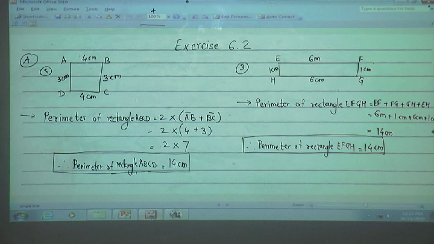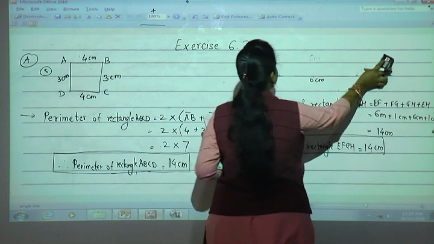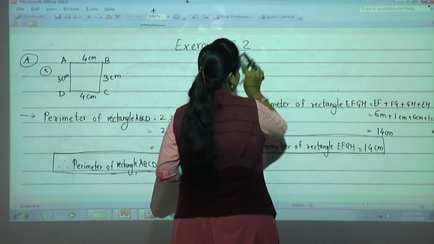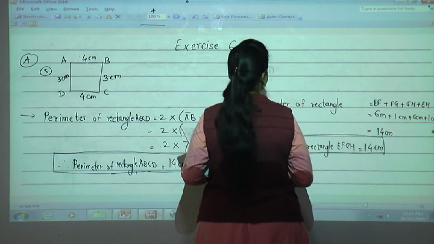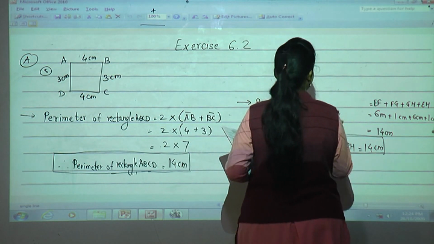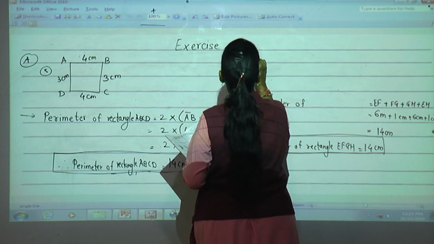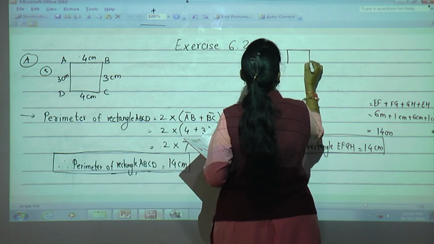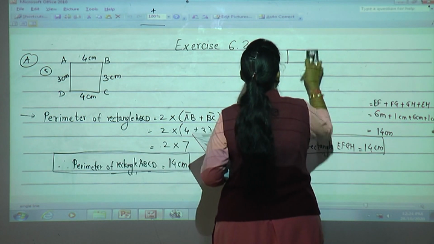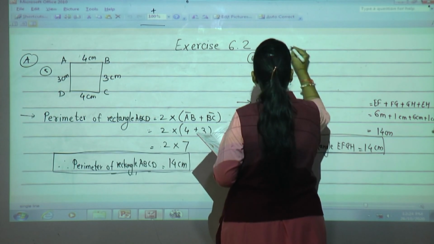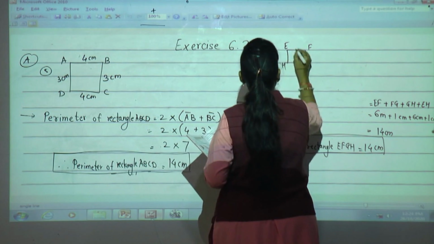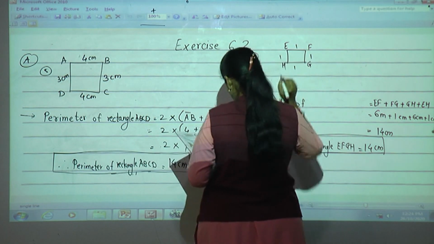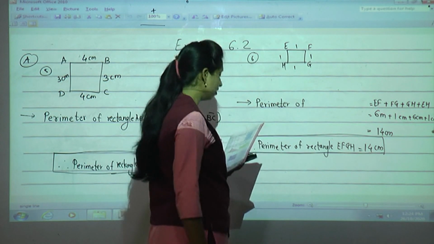The last one I am going to explain, the sixth one. See, very simple. Now they have given a very small square. Now see. Come on, measure fast and tell me how much each side is. E, F, G, H: 1, 1, 1, 1. Each side is given as 1 centimeter.